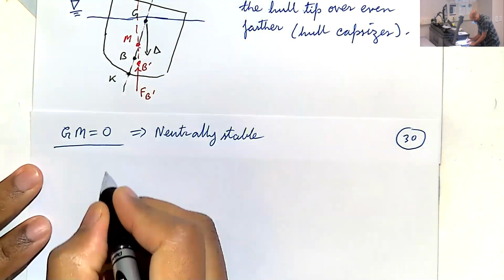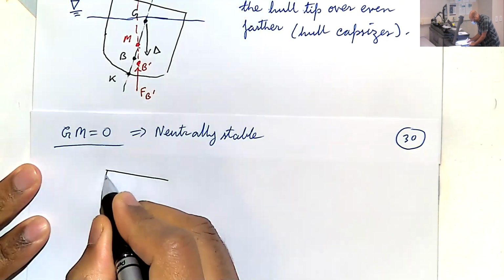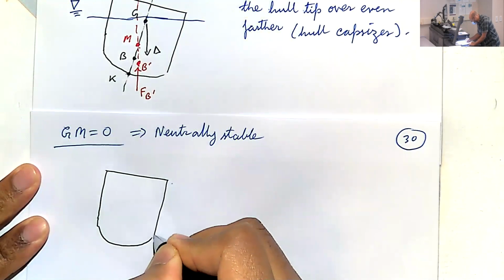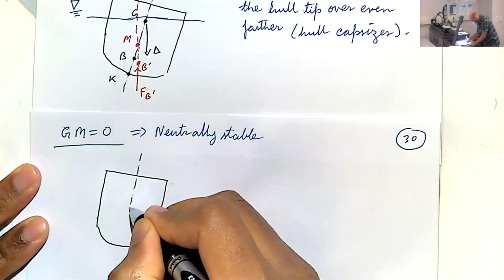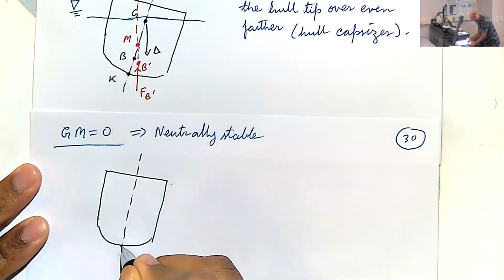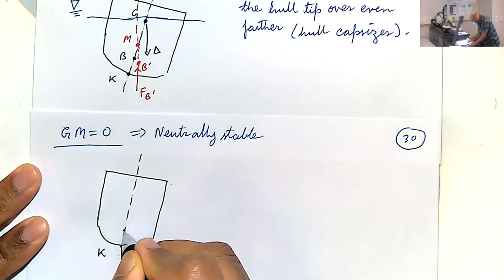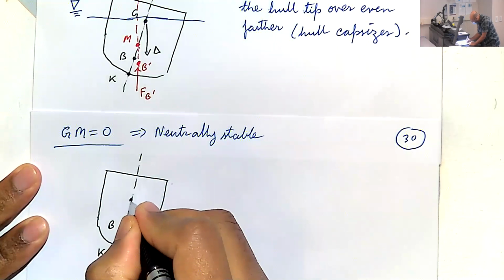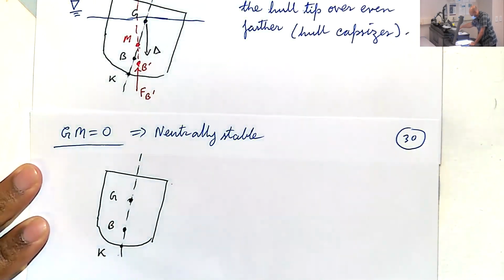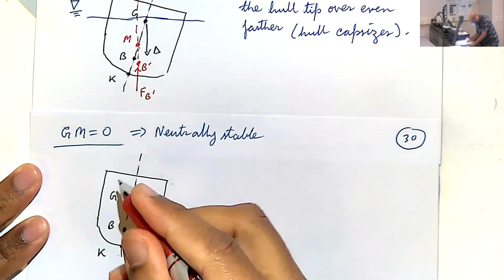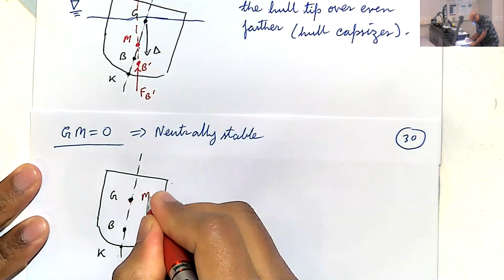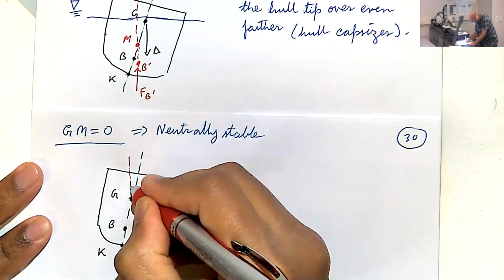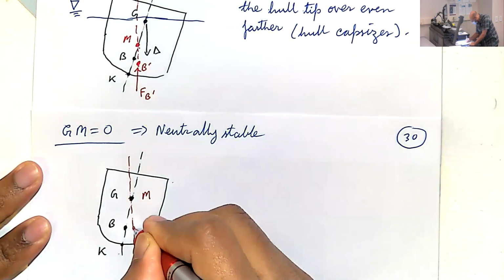Let's draw another sketch here. And center line, we have keel, buoyancy, we have G, and we have M at the same. And we know our new B prime would be somewhere here.